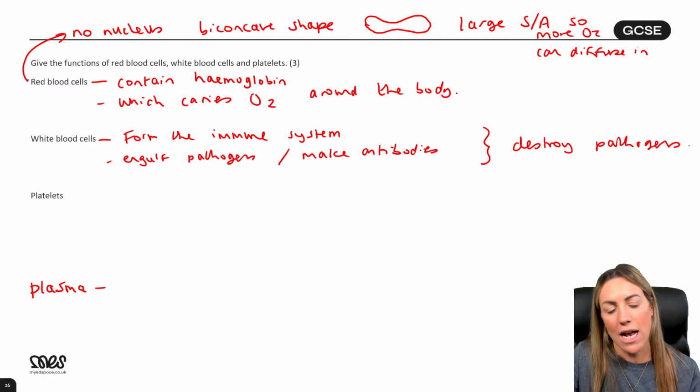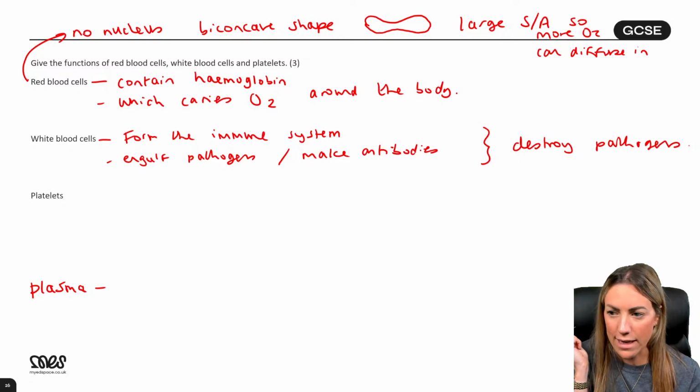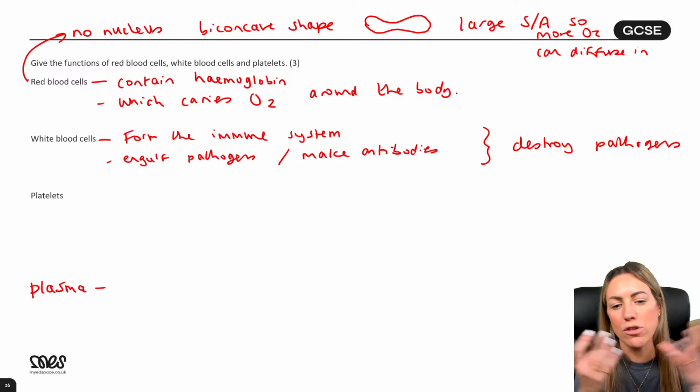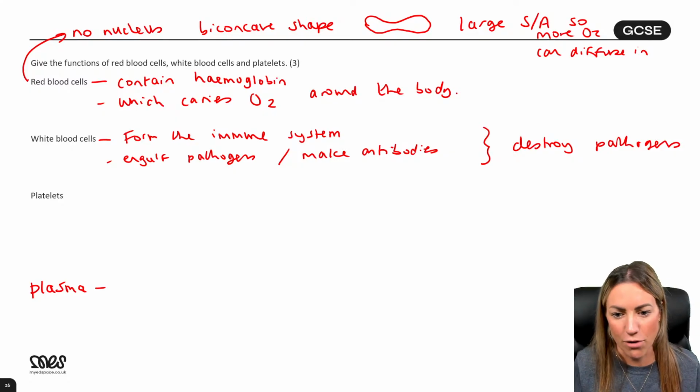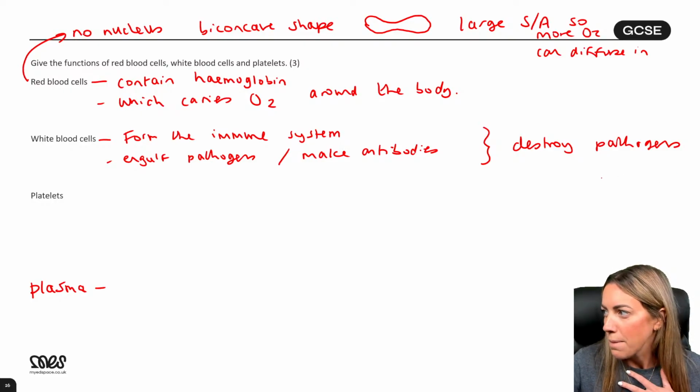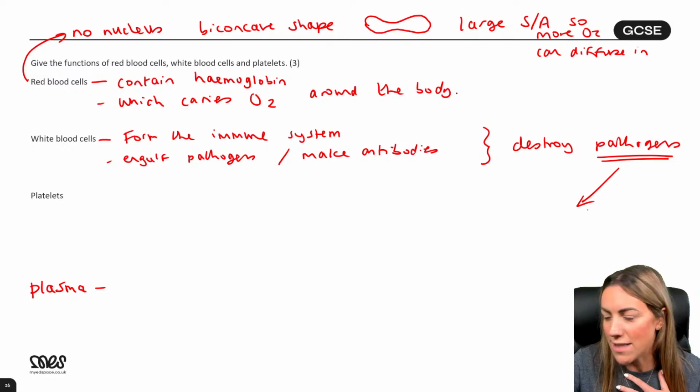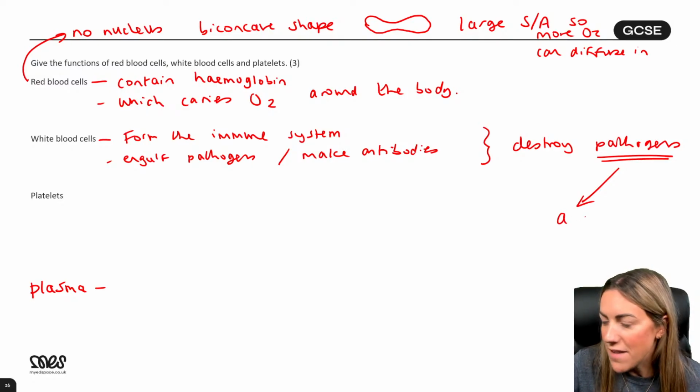Guys, just tell me in the chat, what is a pathogen, just super quickly, because the overall general role of a white blood cell is to destroy pathogens, right? To fight infection. What is a pathogen? It's not a disease. That wouldn't get you the mark if you just say it's a disease. I mean, they cause disease, but it's not a disease itself. The definition, some of you are giving me examples, which is good.